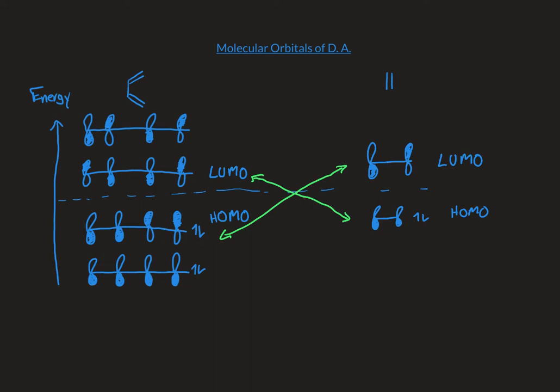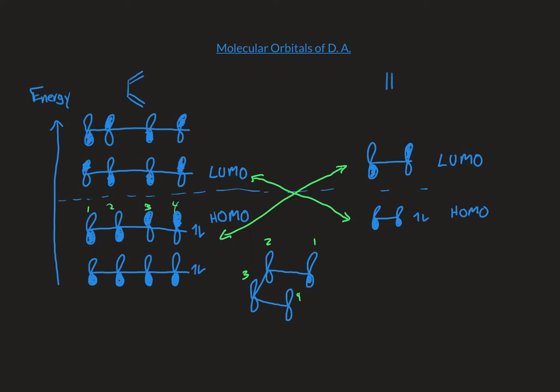So if we were to orient this diene in a different configuration, like this, where this is carbon 1, 2, 3, and 4, and this was carbon 1, 2, 3, and 4.